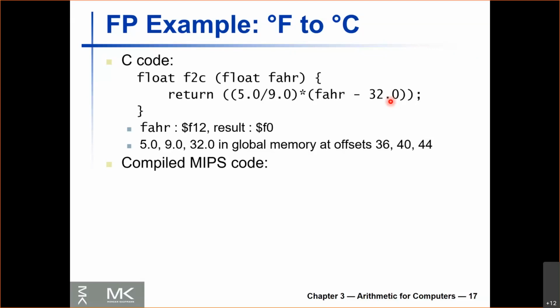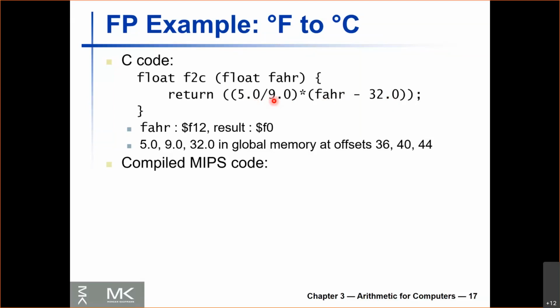Okay, so actually the evaluation in C happens from left to right. So I'm going to do the division first. But before I do the division, what do I need to do? Right, I need to get 5.0 and 9.0 from memory. Okay, and then I can divide them.